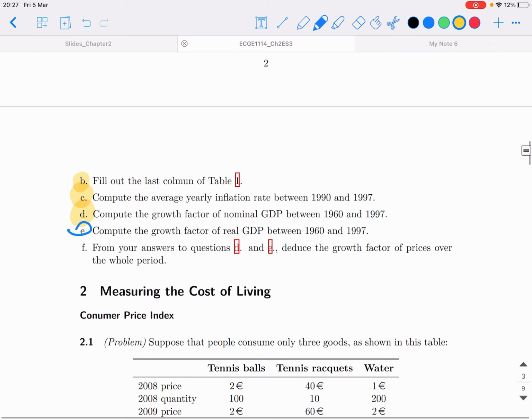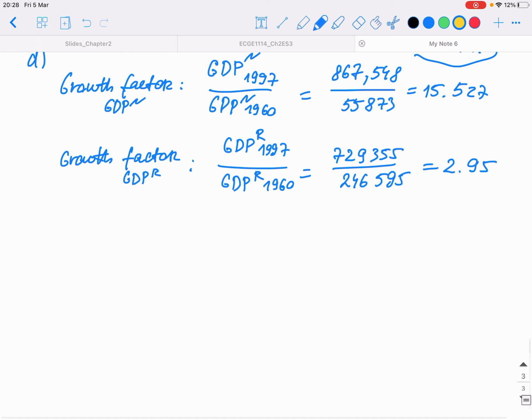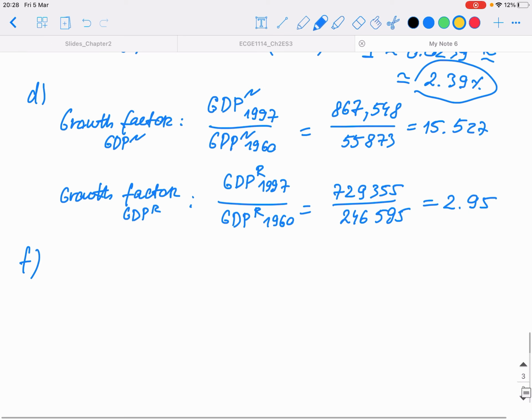And then the next one. So here, from the answers to questions D and E, we have to deduce what was the growth factor of prices over this period between 1960 and 1997. First, we need to show what the growth factor of prices actually is, using the same formula as in point D. You take the value of prices of 1997 and divide by prices of 1960, and that's it.